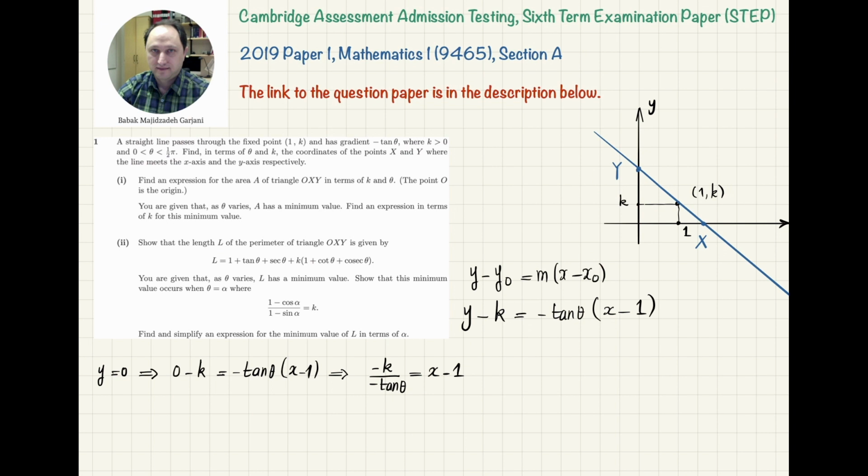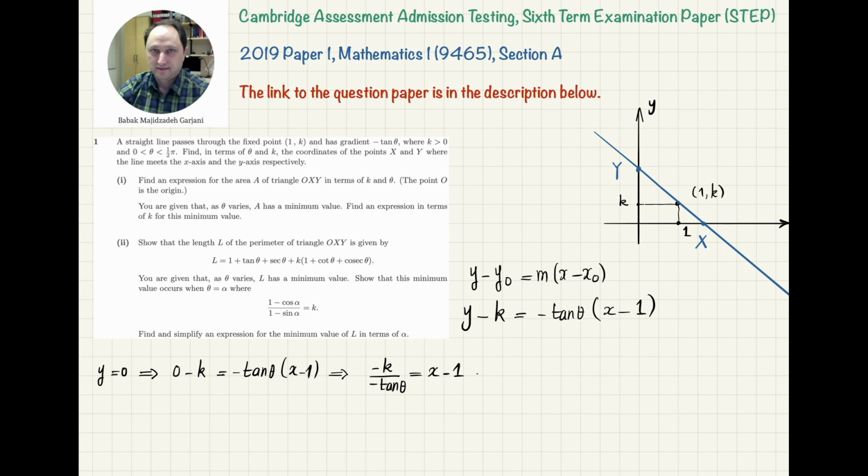But am I allowed to divide safely by minus tangent of theta? I would say yes, because it is mentioned that theta is in the first quadrant and it is not equal to 0 and not equal to pi over 2, so tangent of theta is a non-zero number. So minus tangent of theta would also be non-zero, so I can safely divide both sides by minus tangent of theta.